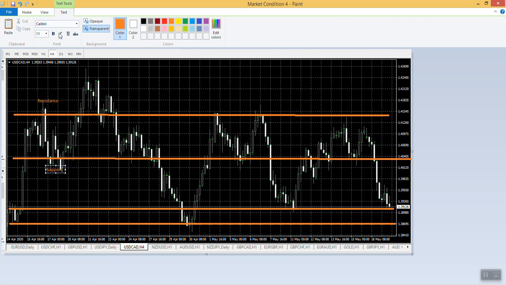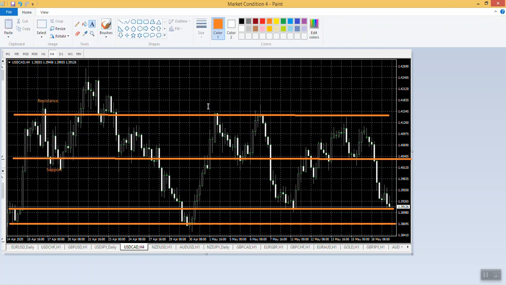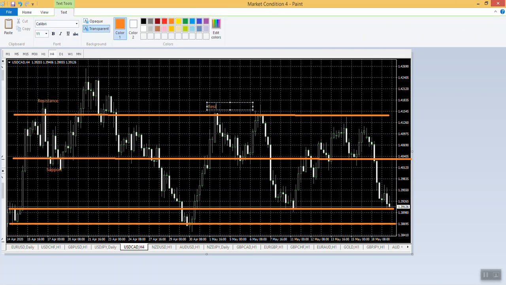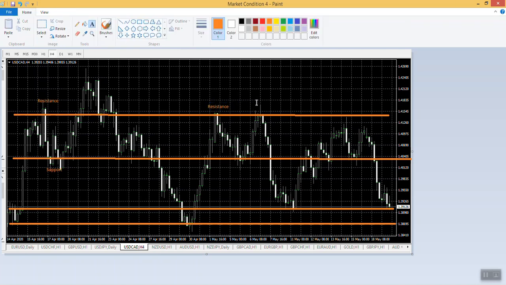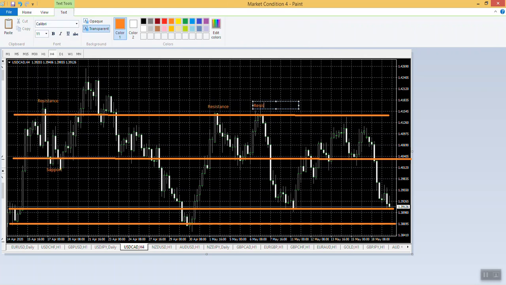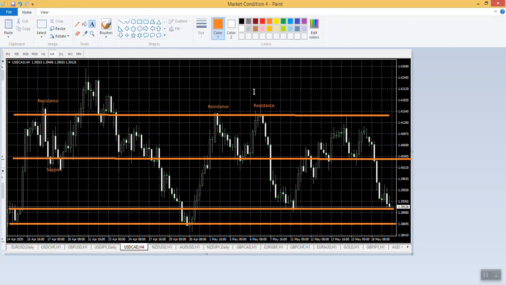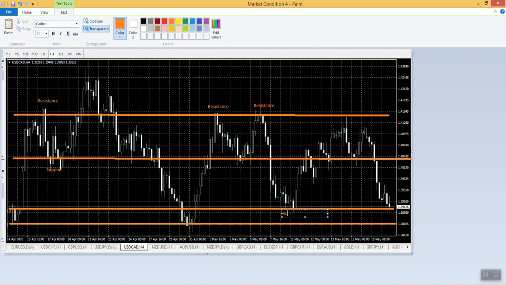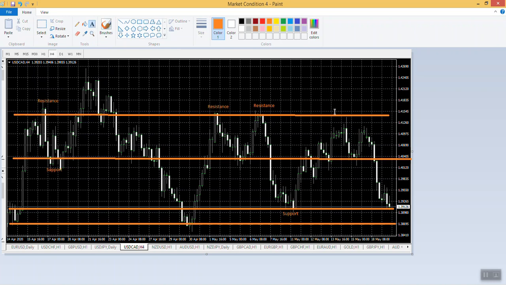So here we have a resistance. Also here we have a resistance at this price level. We have a resistance here. Also we have a support here. We have a support. Then at this level we also have a resistance.